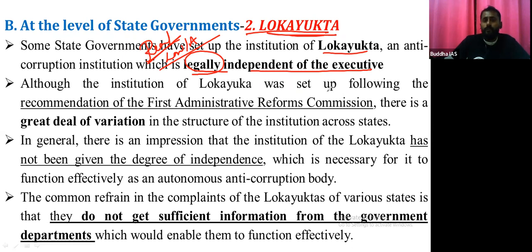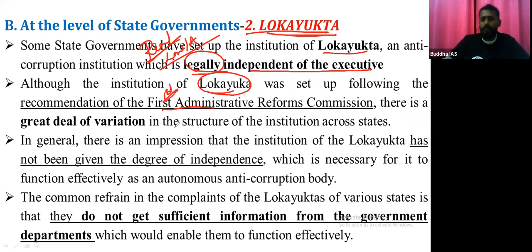Although the institution of Lokayukta was set up following the recommendation of the first Administrative Reform Commission, there is a great deal of variation in the structure of the institution across the states. The important point is Lokayukta as an institution was formed after the recommendation of the first Administrative Reform Commission.